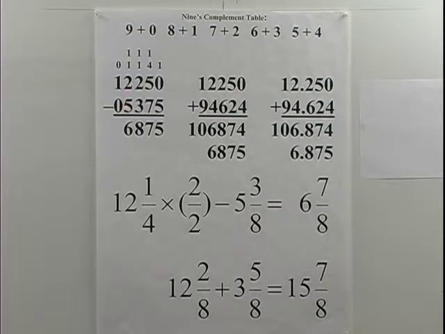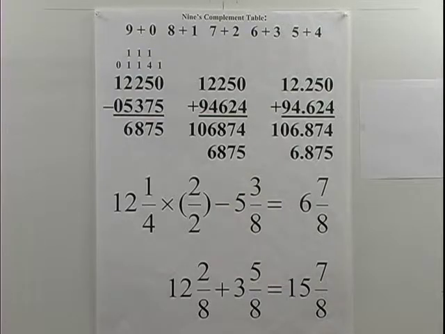The number added to 5 that will equal 9 is 4. The number added to 3 that will equal 9 is 6. The number added to 7 that will equal 9 is 2. The number that added to 5 will equal 9 is 4. So I have the nines complement of the subtrahend.